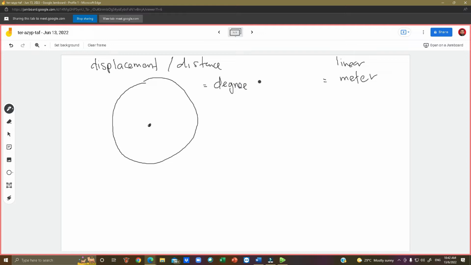Maksudnya kita akan tengok dia punya angle. Okay. And we also measure displacement and distance in Angular in terms of radian.